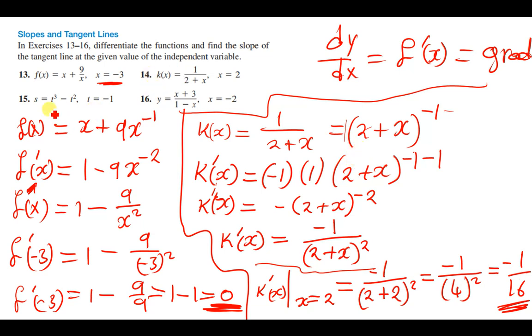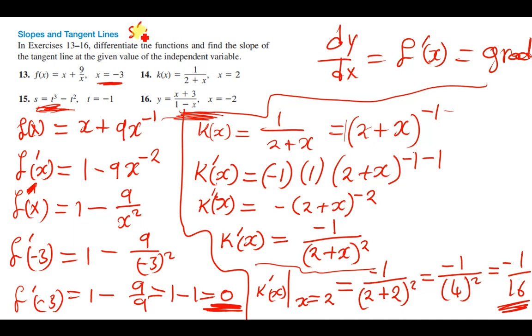Okay, so there's also this question. I'll do this one, then you do this one as a practice exercise. So for this one, we've been taught to differentiate to find the gradient function for this expression, which is the slope function. So the slope function will be s prime of t.